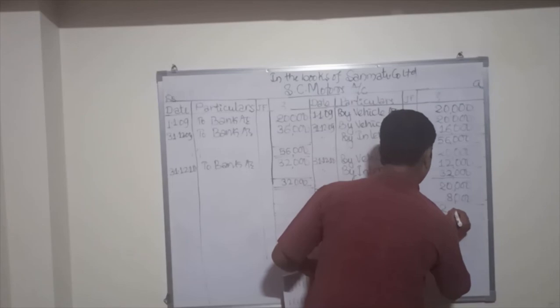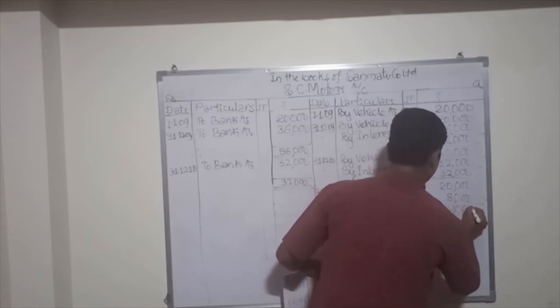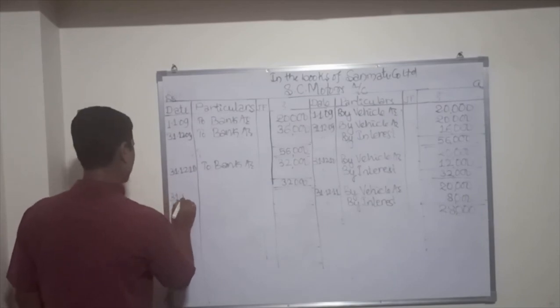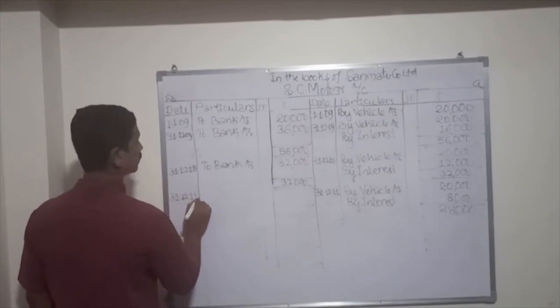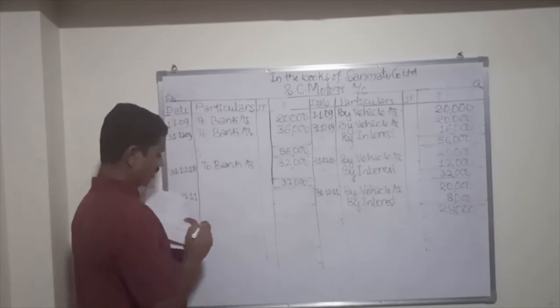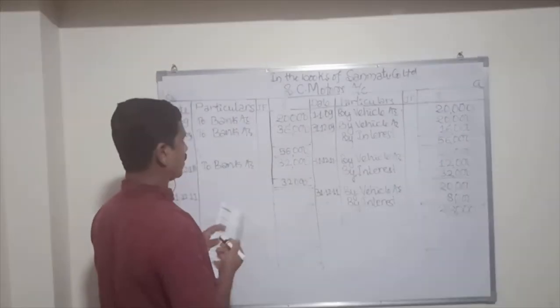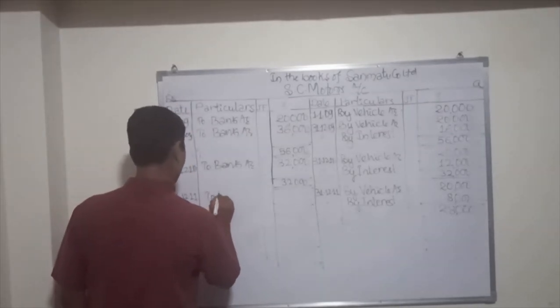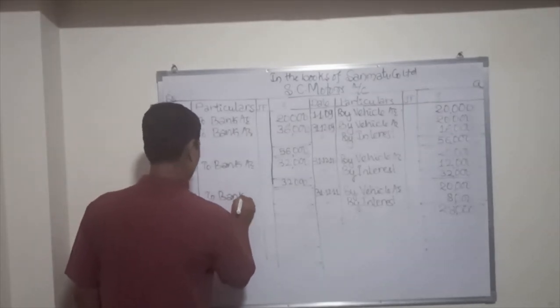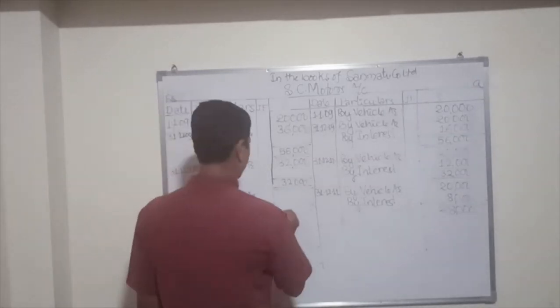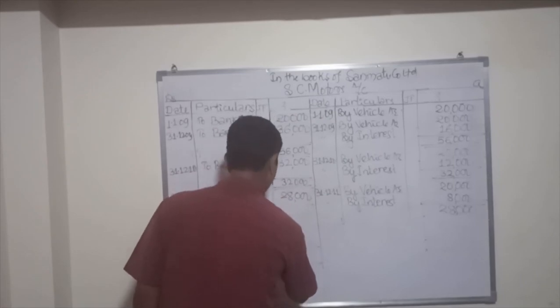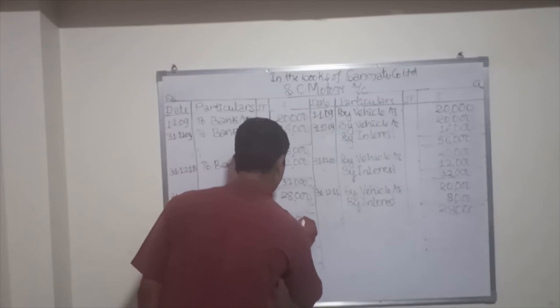So 28,000. On 31/12/2011, when the third installment is paid, the entry will be SC Motors account debit to bank account, that is 28,000. So here it is 28,000.